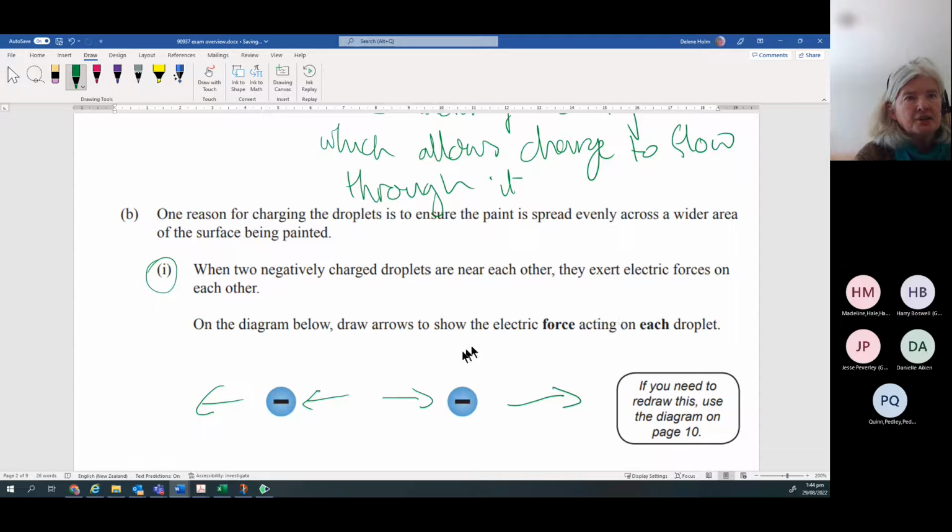But basically, you want it to show that they are being repelled away from each other. You're not going to show them being attracted to each other. That's going to be wrong. And that is going to be right. So simple, straightforward repulsion. Now, because this is part 1, you know you're going to be using this in the next question or later on in the same question.